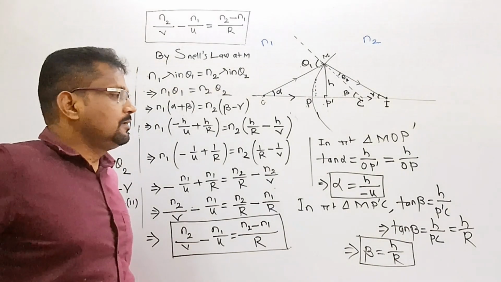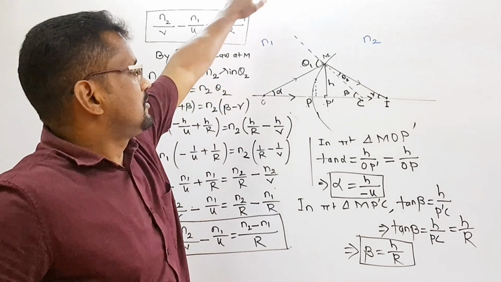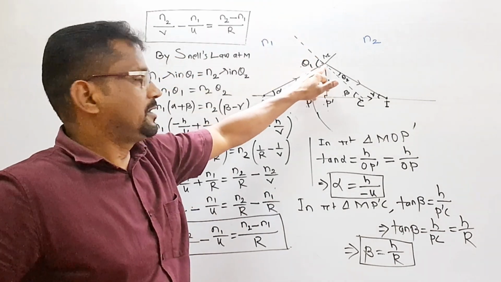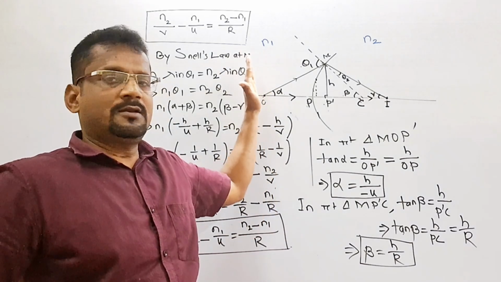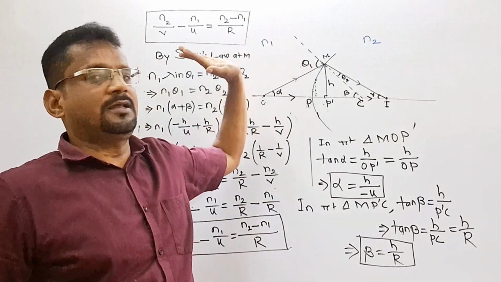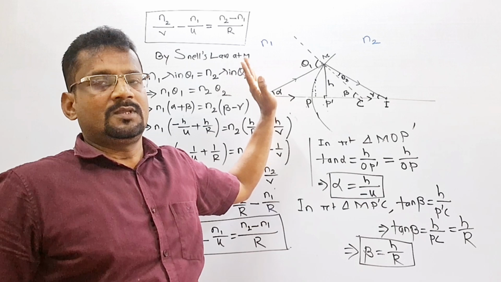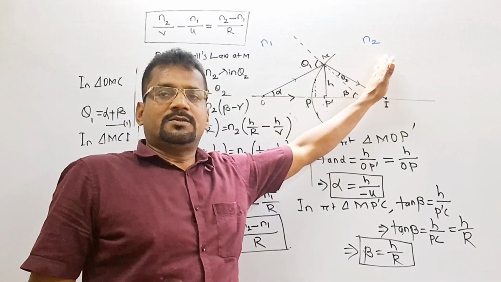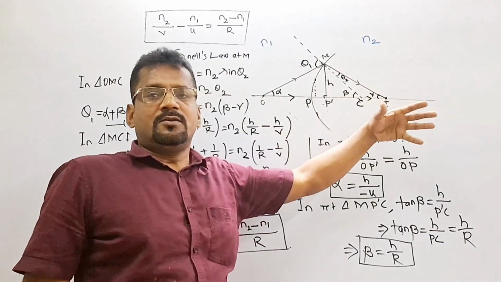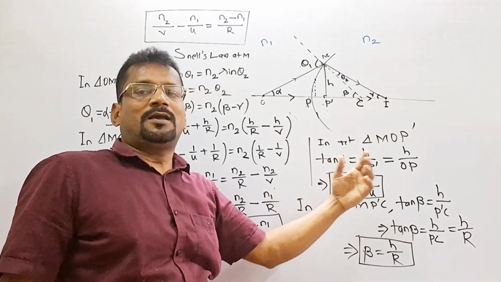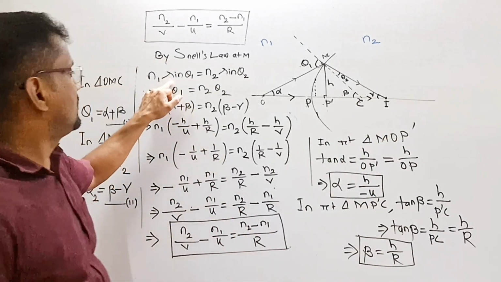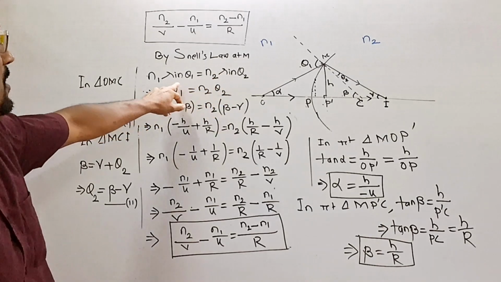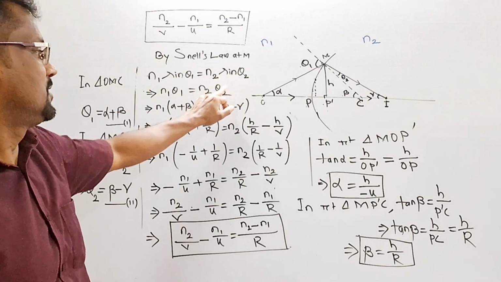After that, finally, you apply Snell's law. Applying Snell's law at the point of incidence, you will get n1, refractive index of the rarer medium, times sine of the angle in the rarer medium, that is sine theta 1, equals refractive index of the denser medium n2, times sine of the angle in the denser medium, or angle of refraction: n1 sin theta 1 equals n2 sin theta 2. Sin theta 1 means theta 1, sin theta 2 means theta 2.